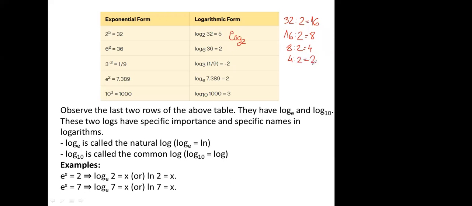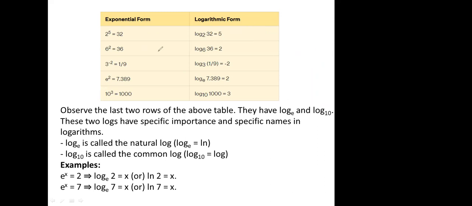Now we count how many 2's we have: 1, 2, 3, 4, 5. So to get 32, I need to multiply 2 five times. I can write this as 2 to the power 5. Then the logarithm and the base cancel, going to 1, so the answer is this 5, the exponent from above. This is how it's easy to find these logarithms.